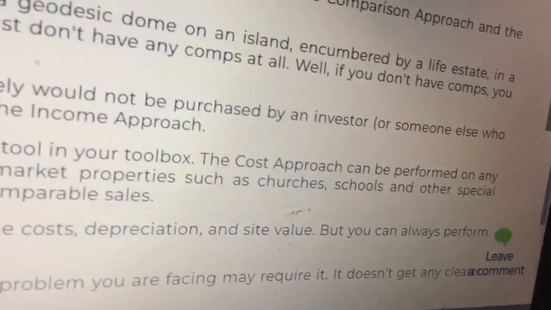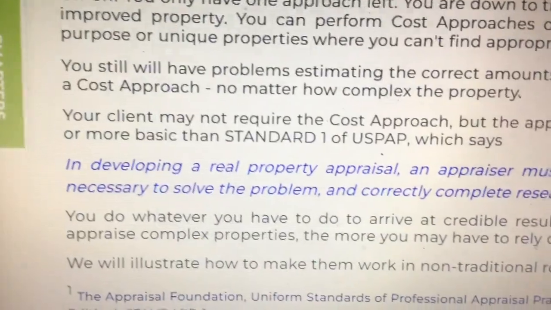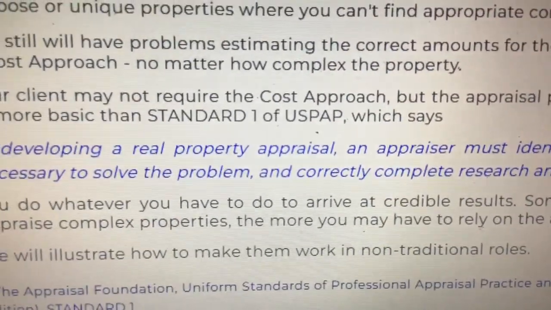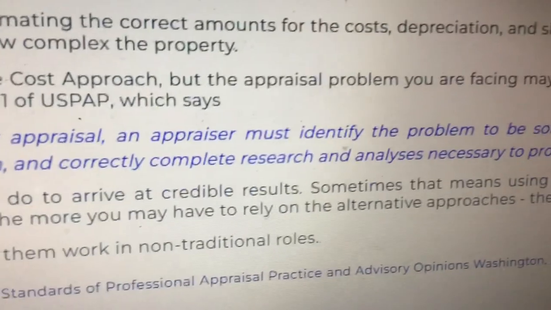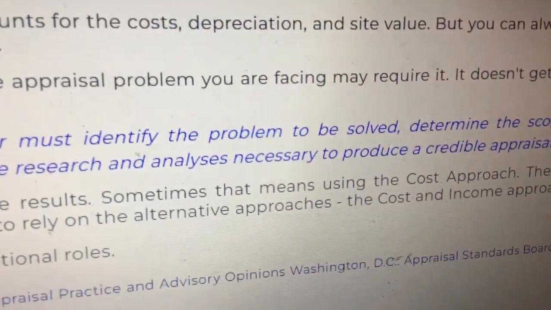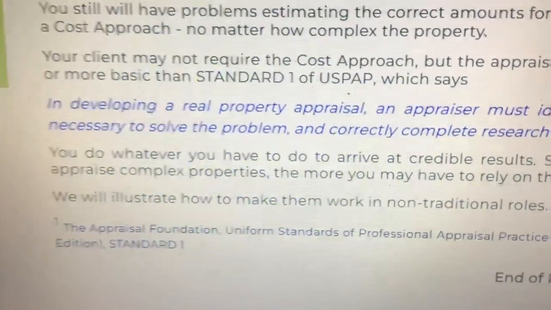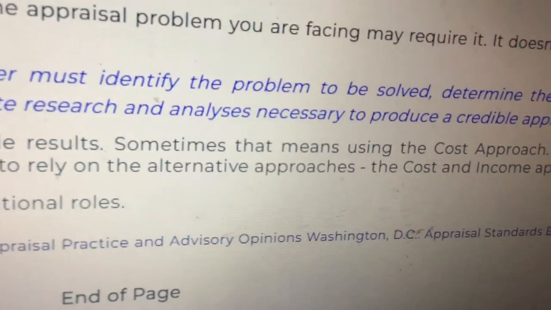It doesn't get any clearer or more basic than Standard 1 of USPAP, which says, in developing a real property appraisal, an appraiser must identify the problem to be solved, determine the scope of work necessary to solve the problem, and correctly complete research and analysis necessary to produce a credible appraisal.